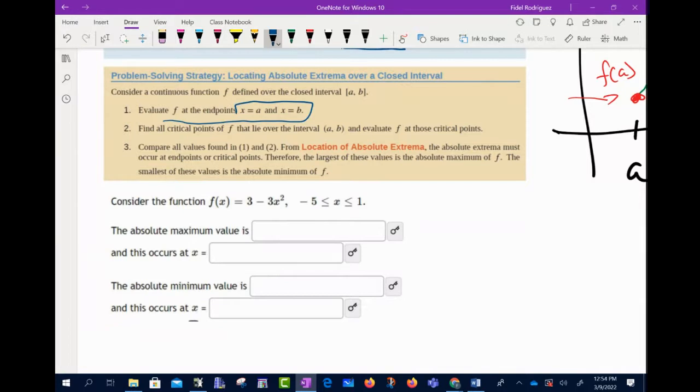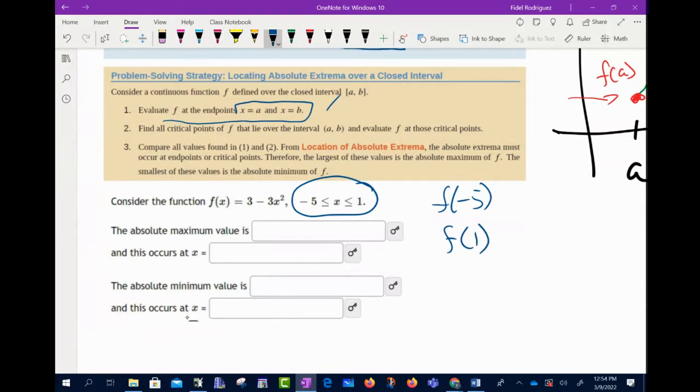Let's see if we can figure this out. It says consider the function f of x equals 3 minus 3x squared, and we're looking at the closed interval from -5 to 1. Okay, step number 1 says we need to evaluate it at the endpoints. So y'all, we need to find f of -5, and we need to find f of 1.